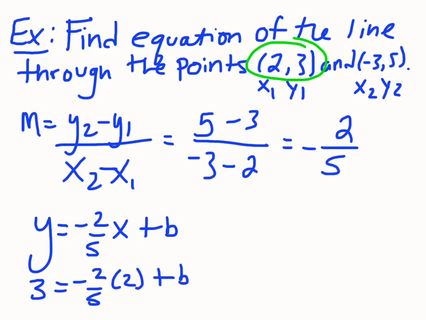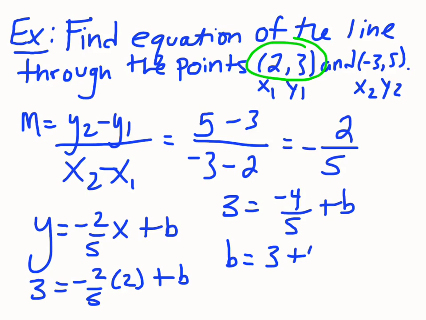So I end up with 3 is equal to negative 4 over 5 plus b, where b is equal to 3 plus 4 over 5, which is going to be 19 over 5.